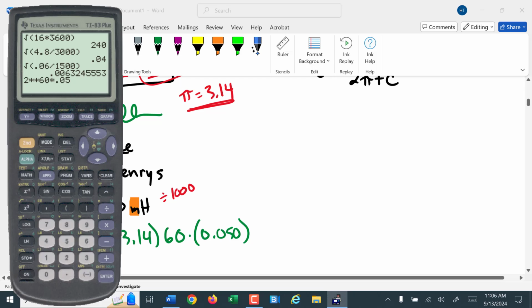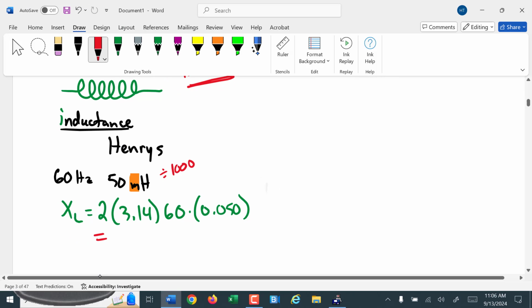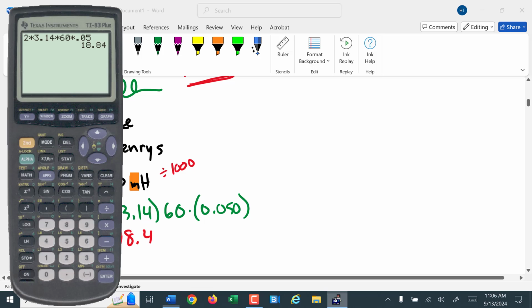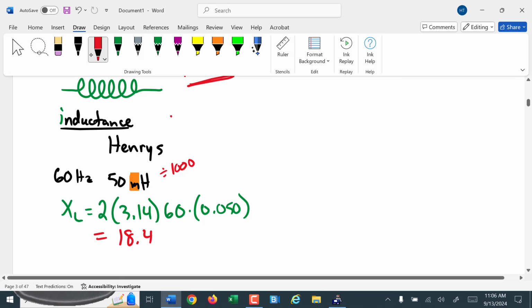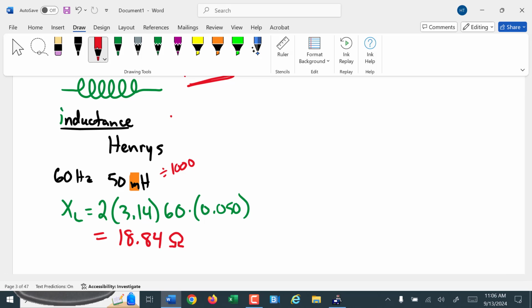Oops, I didn't like something I put in there. Let's try that again. 2 times 3.14 times 60 times 0.05. There we go. 18.84. And that is going to be measured in ohms, just like a resistance.